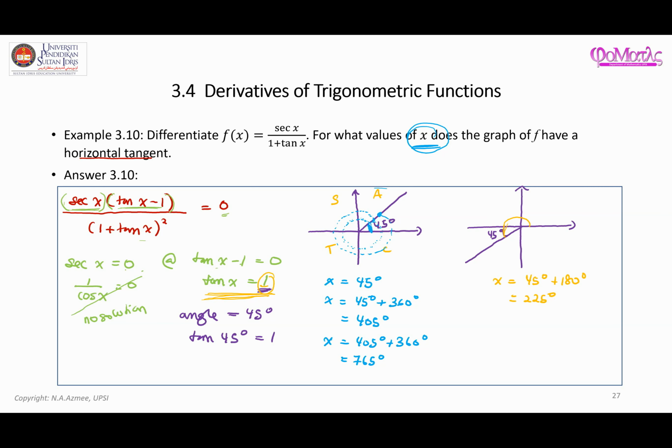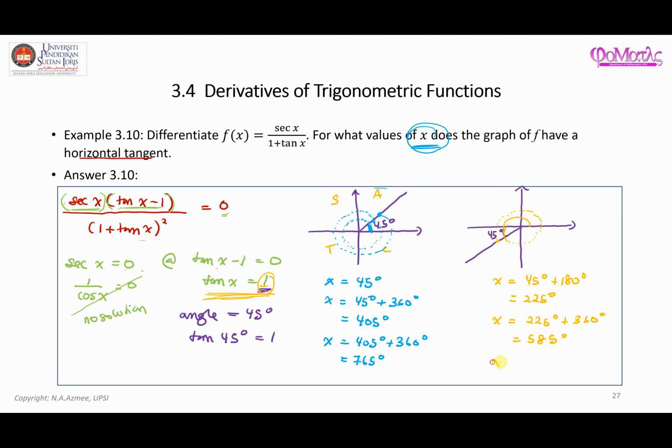And similar to the argument I made just now, if you make a turn of 360 degrees and you stop here, again the tangent of that angle is going to be equal to 1 as well. So if you add 225 degrees with 360 degrees, the angle you get is 585 degrees, and tangent of 585 degrees is going to be equal to 1.